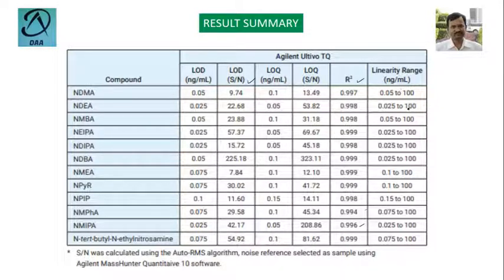And the linearity range is also mentioned here for NDMA, 0.05 to 100 nanogram per ml. For all compounds the higher level is always 100 nanogram per ml, but the lower limit of the linear range differs depending on the compounds.